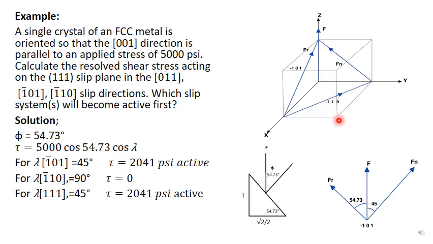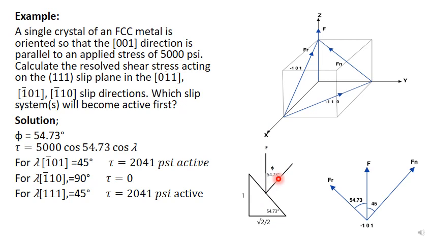This is the square root of 2. Because we are interested in the length from the origin to this point, which is exactly the half, the distance from here to here is the square root of 2 divided by 2. And by using this triangle, we can find the angle, which is 54.73.